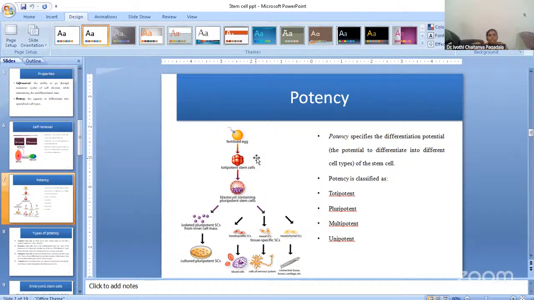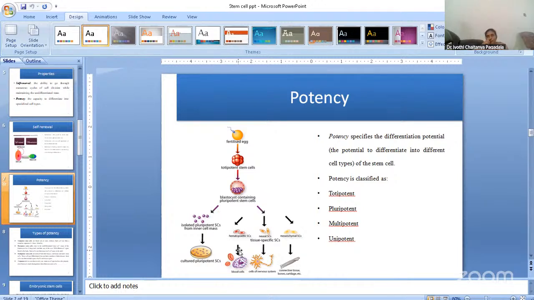And pluripotent: here the pluripotent cells come from the totipotent cells, blastocysts containing the pluripotent stem cell, as you can see, and isolated pluripotent cells from the inner cell mass.